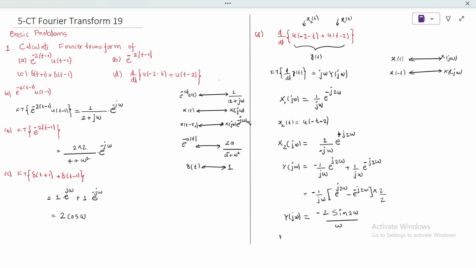So the Fourier transform of d by dt of y of t equals j omega into minus 2 sine 2 omega by omega.